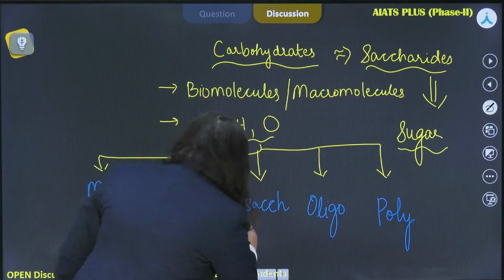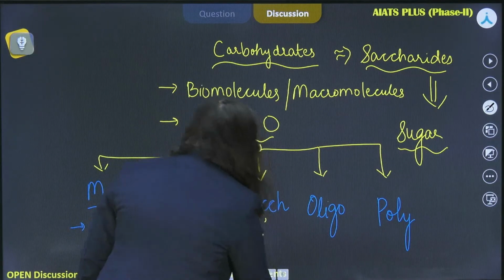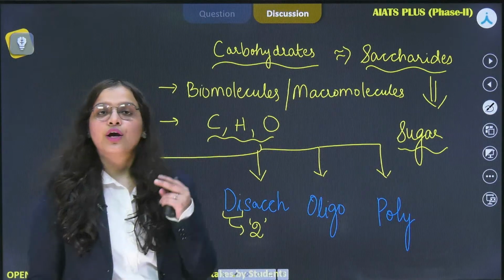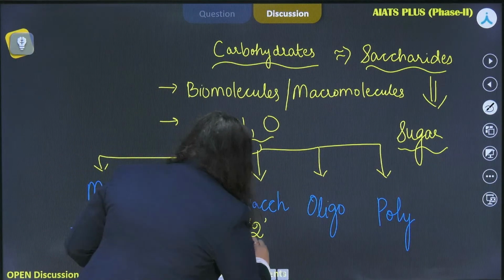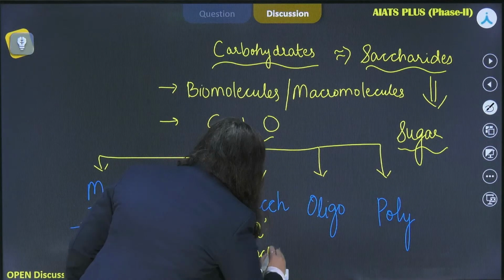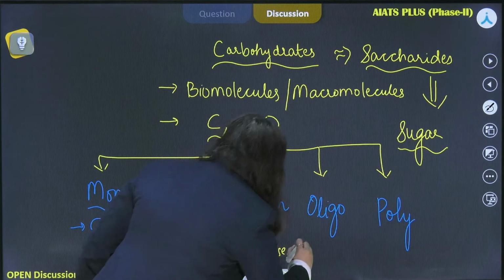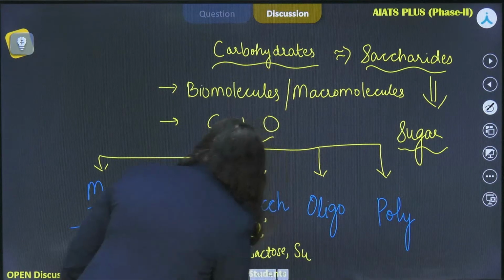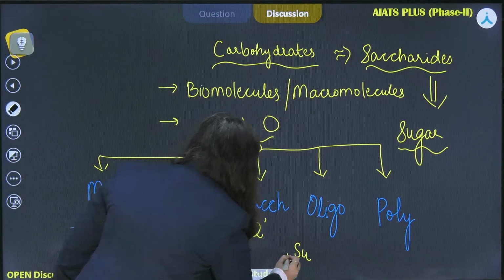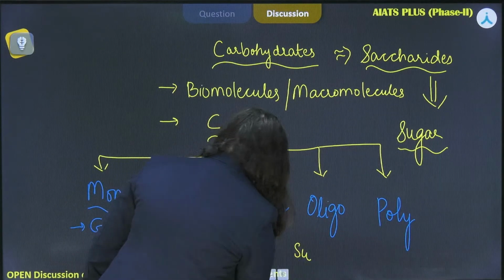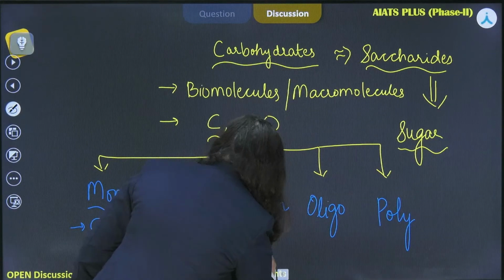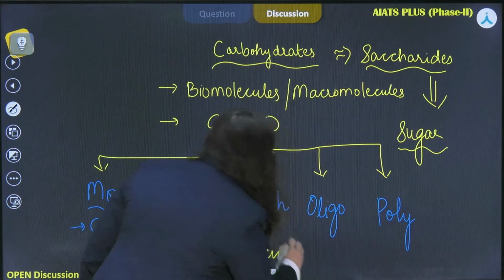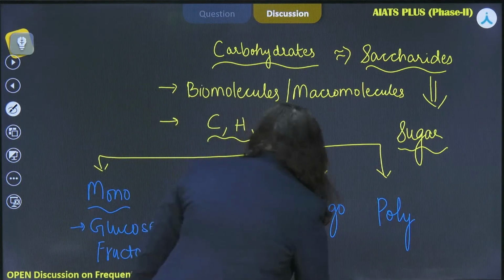Its examples include lactose, sucrose and maltose.